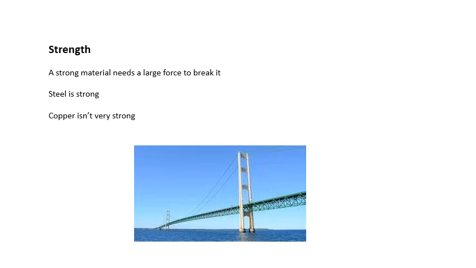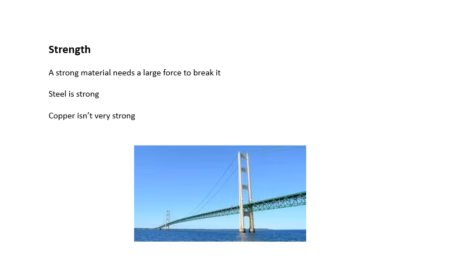So, strength. A strong material needs a large force to break it. For example, steel. The cables on this suspension bridge are made of steel for a number of reasons. One reason is because steel is strong. If lots of lorries drive over this bridge, we don't want the cables to break.